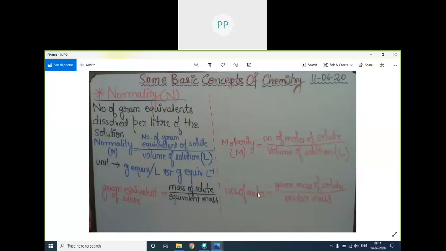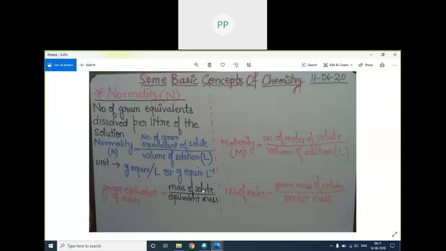It is again similar to the number of moles. How will we calculate the number of moles? The same way we will calculate gram equivalent. For the number of moles, we know the formula: given mass by molar mass. Here also, gram equivalent means mass of solute by equivalent mass. If we compare molar mass and equivalent mass, they are more or less similar terms. Here the given mass is the mass of solute only.